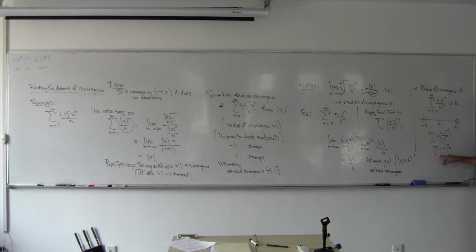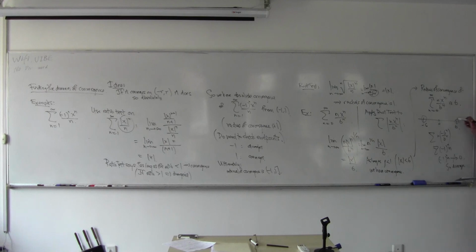The nth term test says if your term doesn't go to 0, then you diverge, right? And here your term does not go to 0. It starts bouncing back and forth between bigger and bigger numbers, like 10, negative 11, 12, negative 13, 14, negative 15. So negative 1 to the n times n does not go to 0, so it diverges.